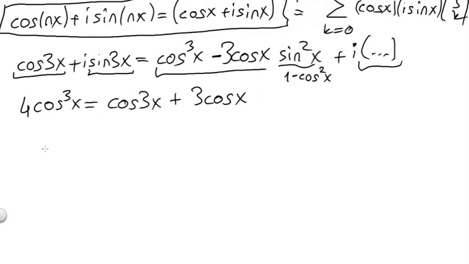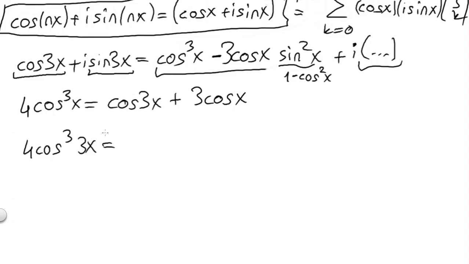So this is true. For example, I can also find 4 cosine cube 3x. How can I find it? I will just put x equal to 3x, because this is true for any x. We can say real, or it's also true for complex numbers.